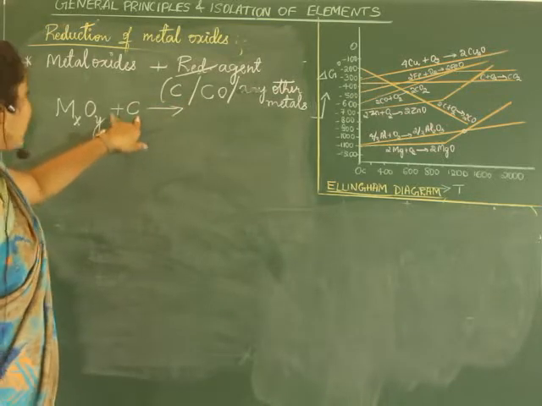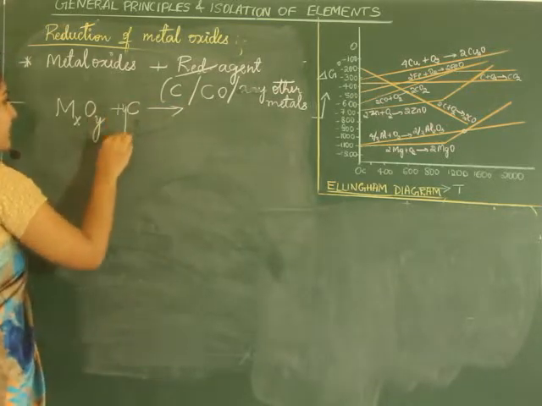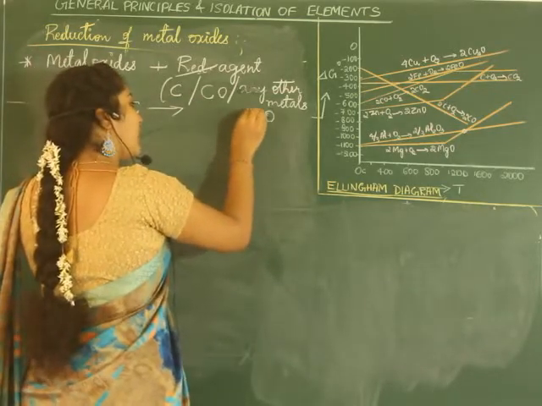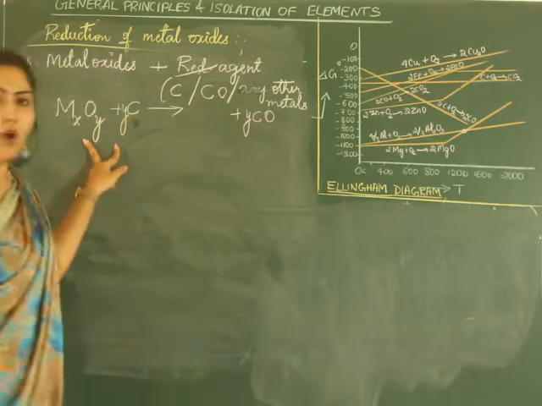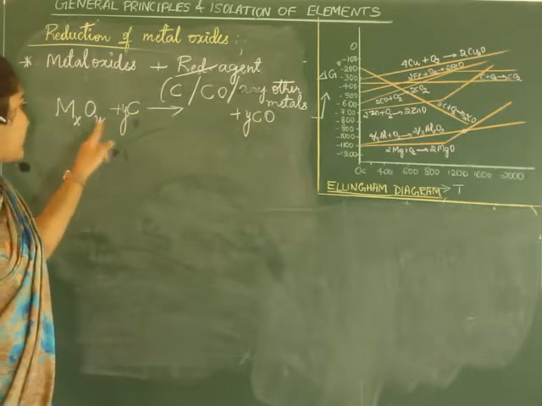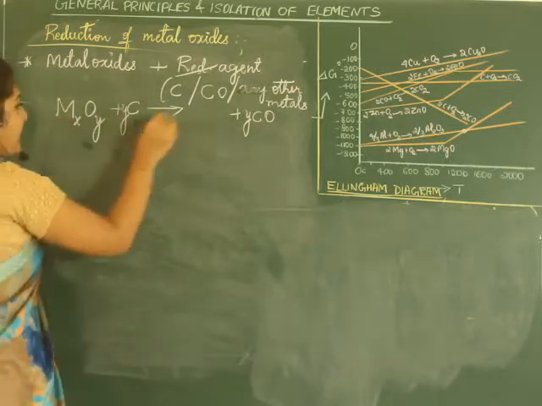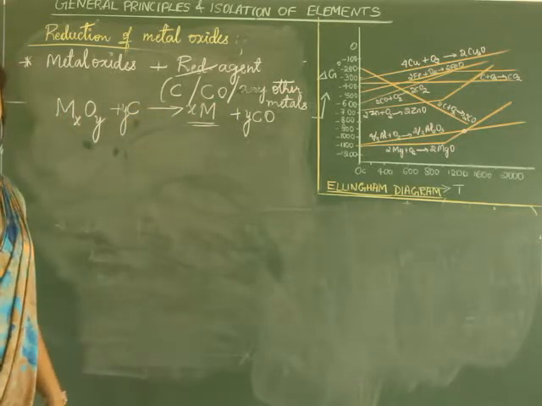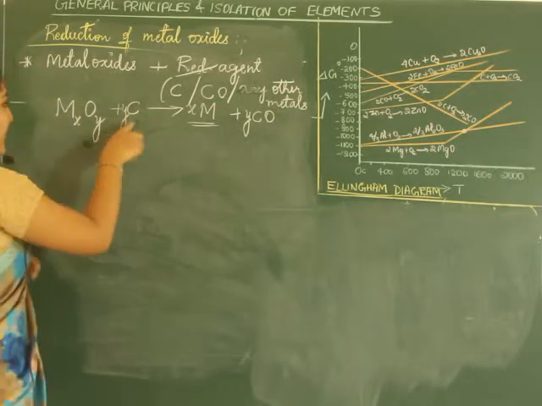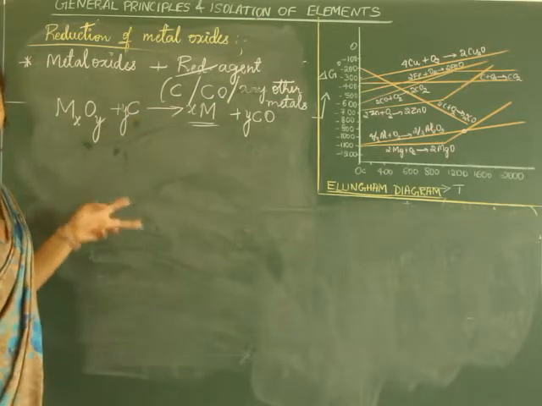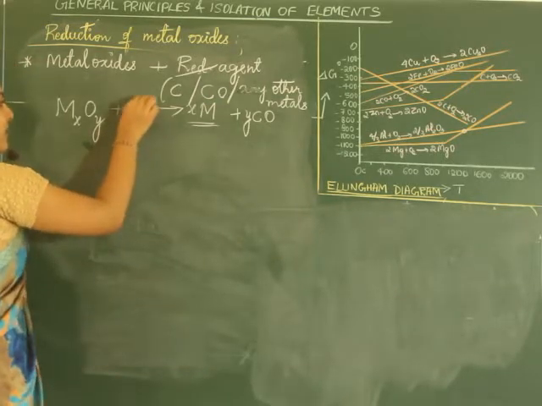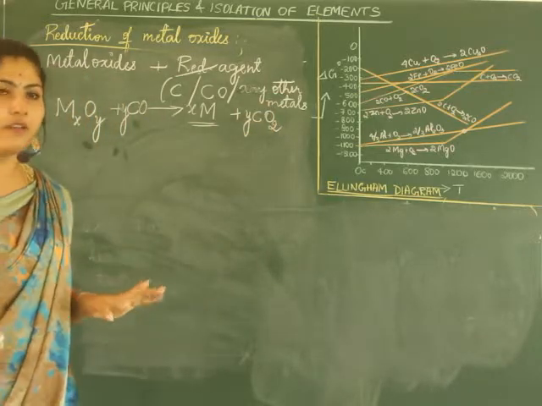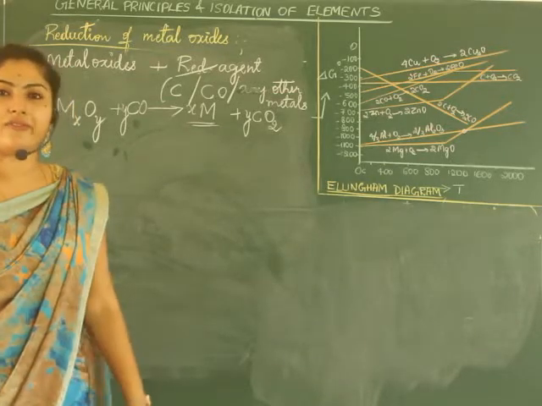Here y moles of carbon react with the oxygen of the oxide of the metal, which forms carbon monoxide, whereas the metal separates as x moles of M, the isolation of metal. If instead of carbon you use carbon monoxide, you get carbon dioxide. That's all the difference. That's the general equation of reduction.